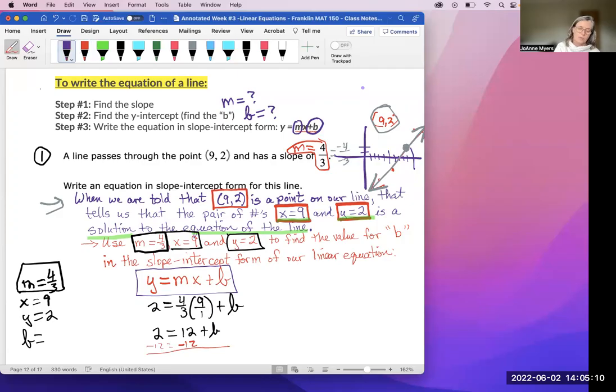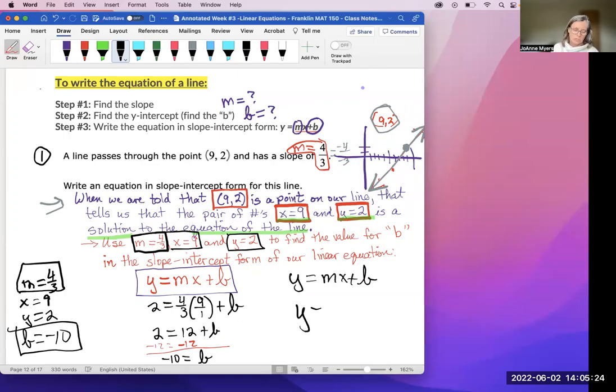So I end up with -10 is the same thing as b. I now have my m, I have my b. So y equals mx plus b in this situation is y equals the slope 4/3 times x minus 10.